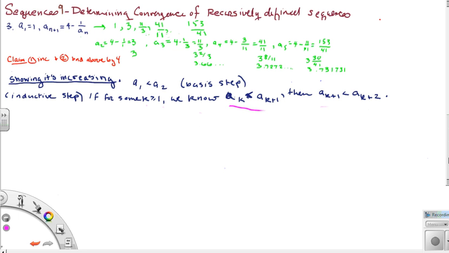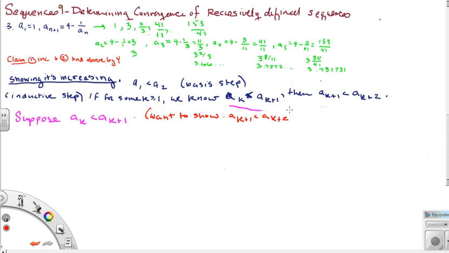Okay, we've already got the basis step, a1 less than a2. Let's suppose that for some k, ak is less than a(k+1). So let's just remember, what do we want? We want to show a(k+1) is less than a(k+2).